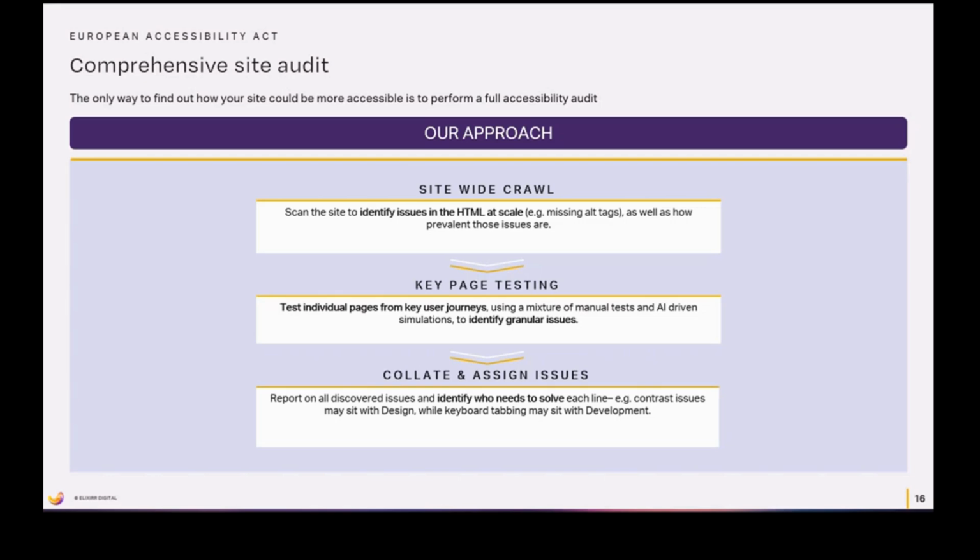And then we can collate and assign issues. We'd report on every single issue that we found. We'd be able to tell you exactly what level of WCAG it meets, and there are some, like AAA, for instance, that you might not need to look at, so we can filter those out. We'd also identify who needs to solve each line. Contrast issues may sit with a design team, while keyboard tabbing may sit with development.